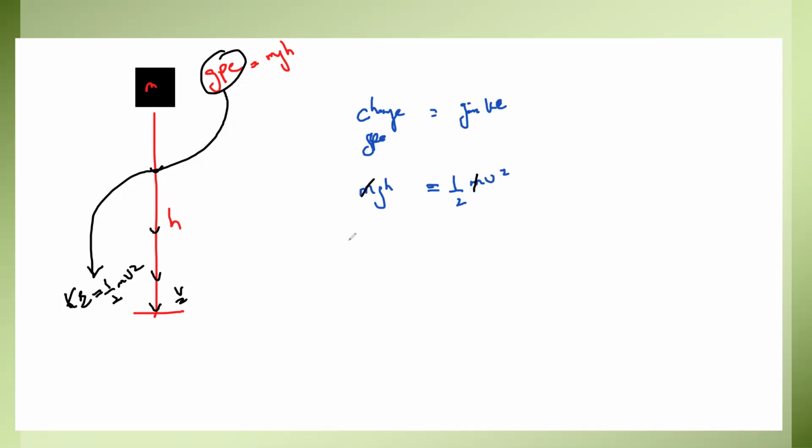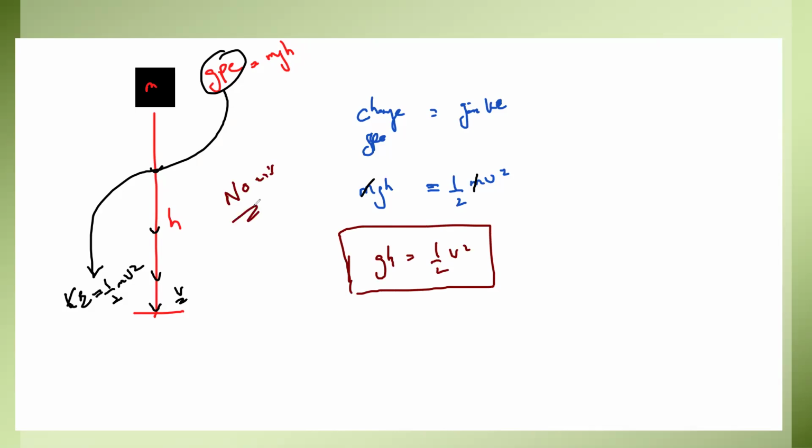So we have gh equals half v square. So what it shows is that if there is no loss of energy and no air resistance to oppose the motion, then the speed at which the object hits the ground does not depend on the mass of the object, because you can see the mass is not a factor here.